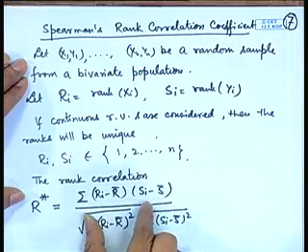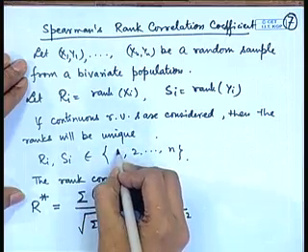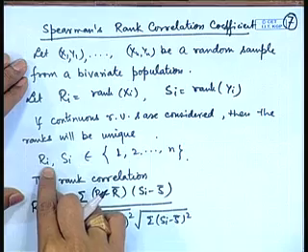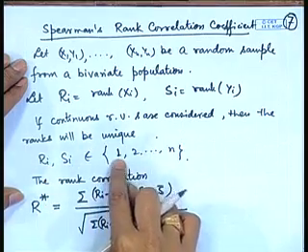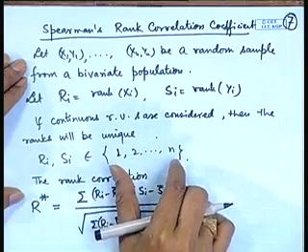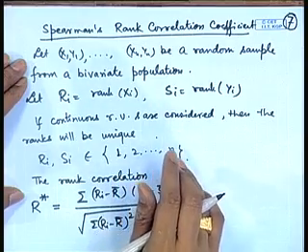Now, if we are making use of the ranks and if we are making this assumption that continuous random variables are there, then these values of R and S are between 1 to n only, and all the values are considered here. That means, if I look at sigma Ri, this will be the sum of the numbers 1 up to n. Similarly, Si's, they will be 1 to n.